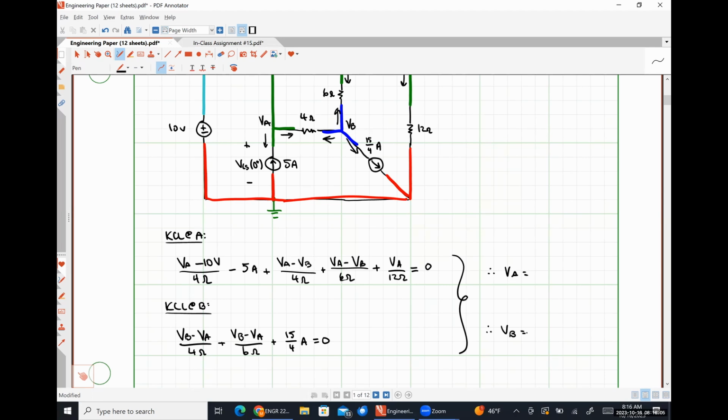So solving this as a 2x2 system, my coefficient for VA in my first equation is 1/4 plus 1/4 plus 1/6 plus 1/12. My coefficient for VB is negative 1/4 minus 1/6.